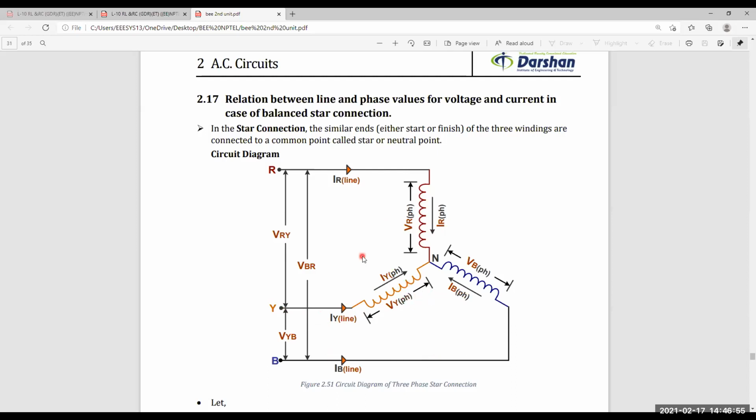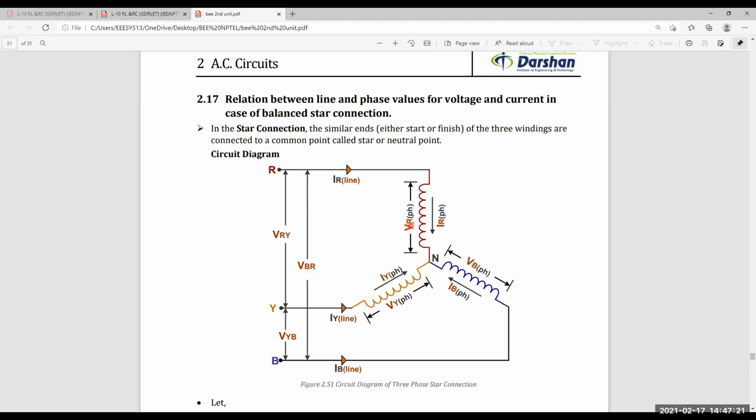So for a star connected system, line current is equal to phase current, but line voltage is not equal to phase voltage. Why? Because here one phase is there and here another phase is also there. The voltage between R and Y is considered the line voltage, called VRY.